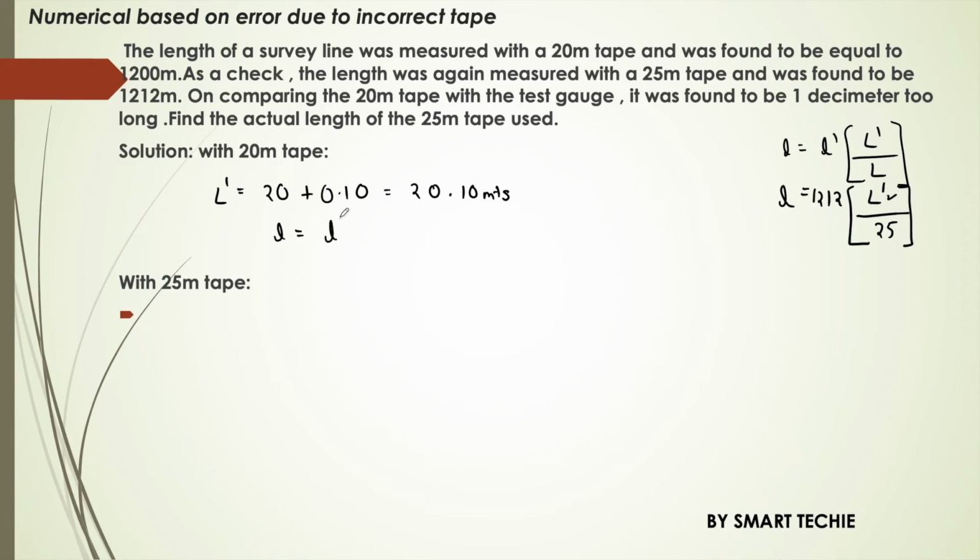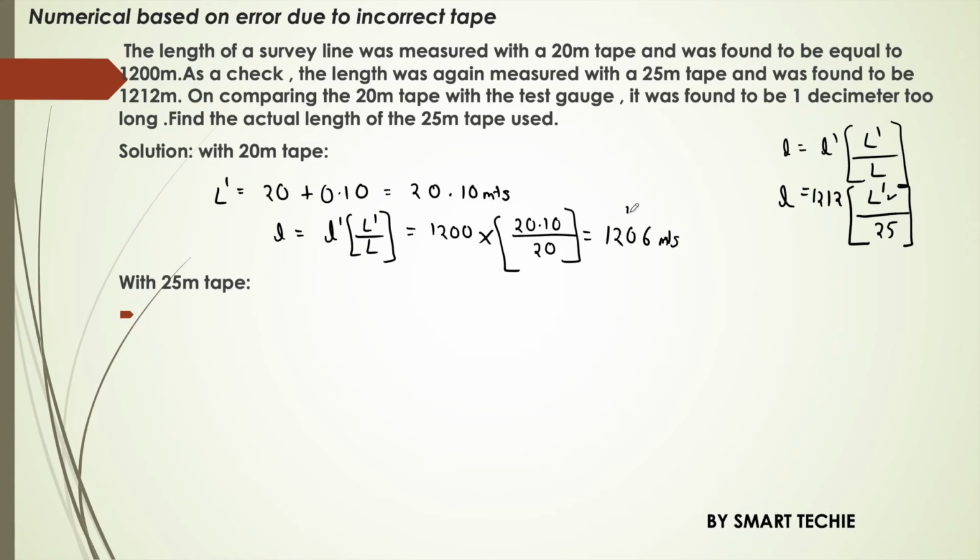So the true length of the line, which is actually measured with a 20 meter tape, will be L dash upon L, that is 1200, because using the 20 meter tape the length was 1200 meters, into the length of the designated length of the tape, 20, so that is nothing but 1206 meters.